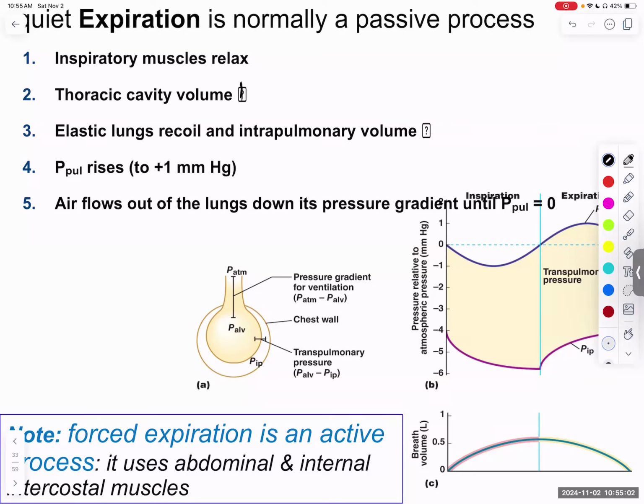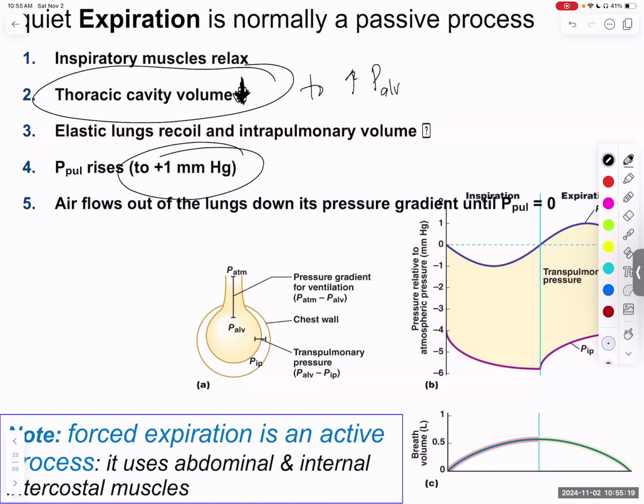Again, read through these. Here's a great time to stop and read the steps. In expiration, we're trying to decrease thoracic cavity volume to increase alveolar pressure. In normal tidal breathing, it goes above atmospheric pressure by 1 millimeter of mercury.